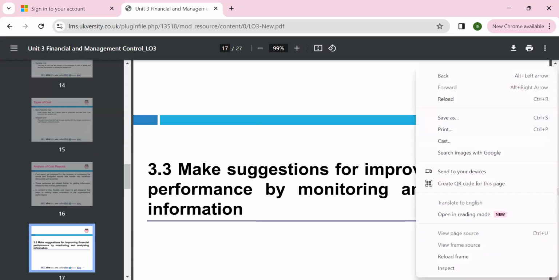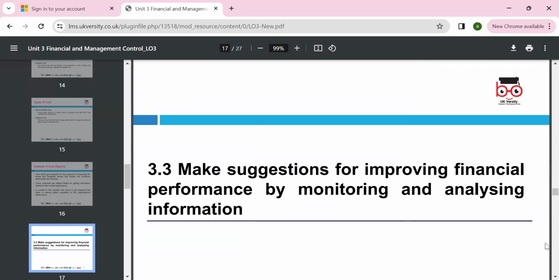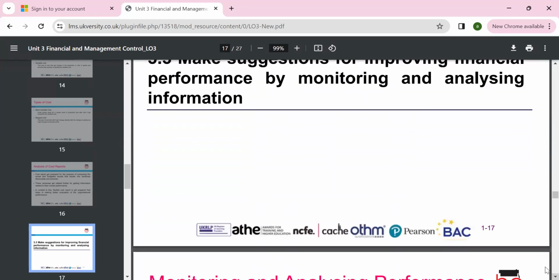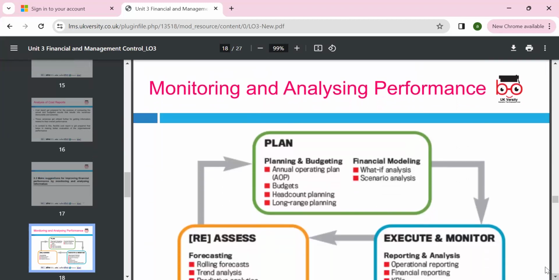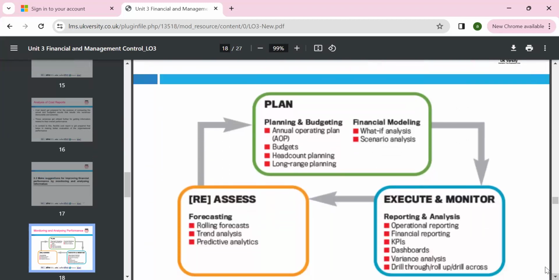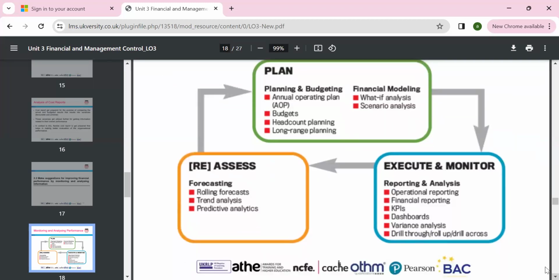The information looks at both the qualitative and quantitative perspectives of performance, always in time and cost. So we can look around monitoring and analyzing the performance, planning, and budgeting. So annual operating plan, AOP, budgets, headcount planning, long range planning, and what-if analysis, scenario analysis.